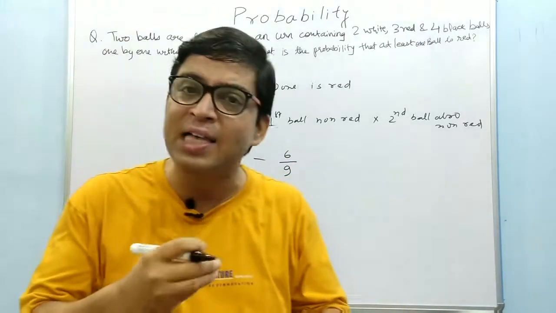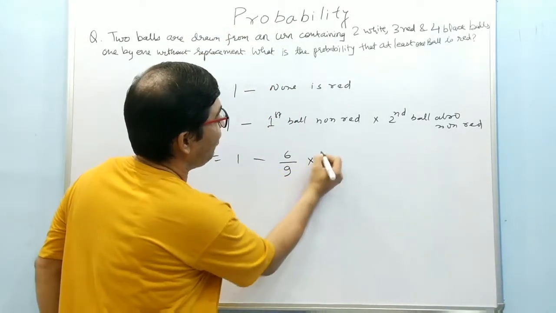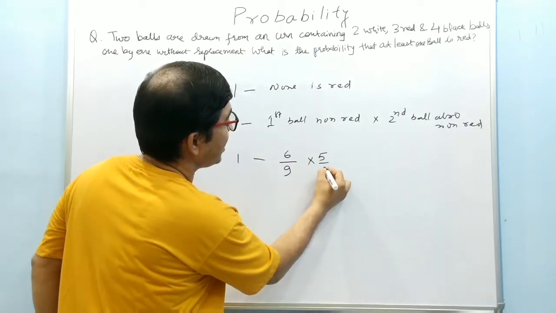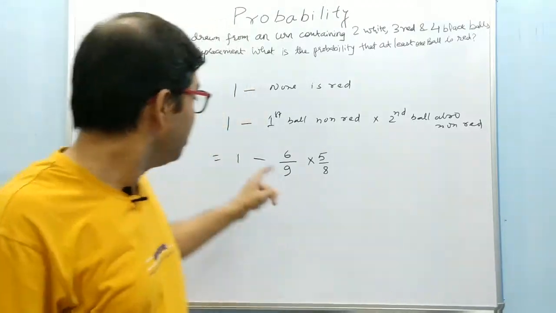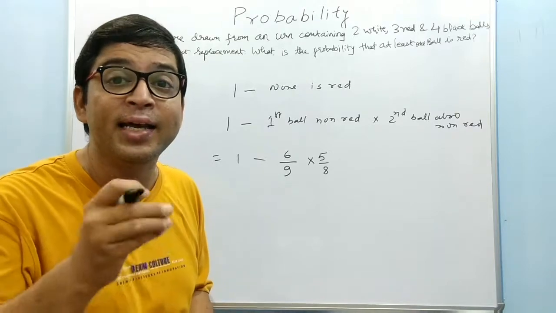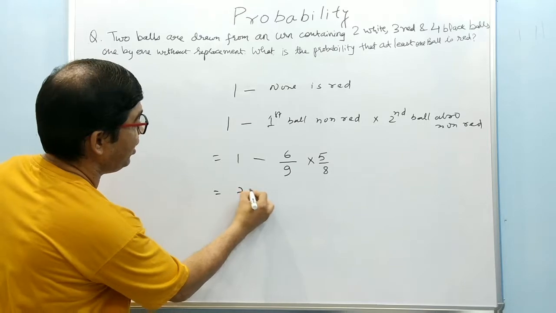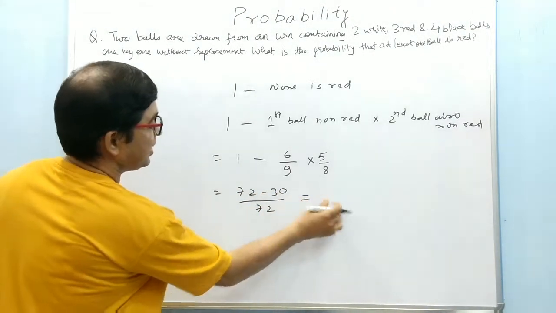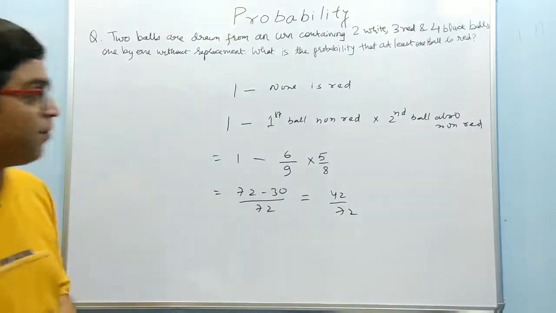Now 1 ball has been drawn and thrown, so we are left with 5 non-red, out of which total balls are 8 now because 1 ball has been thrown. So that gives the probability of at least 1 red. We can simplify this: 72 minus 30 divided by 72. It is coming out to be 42 by 72. We can find the probability.